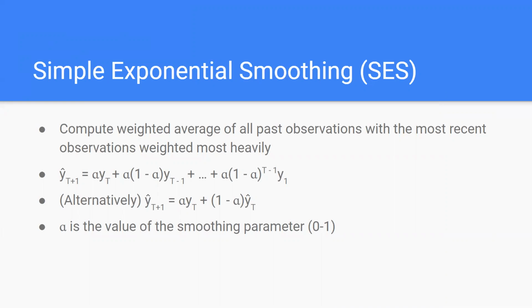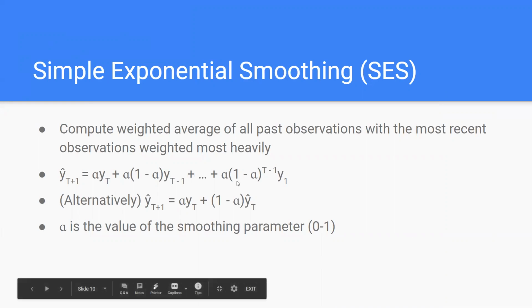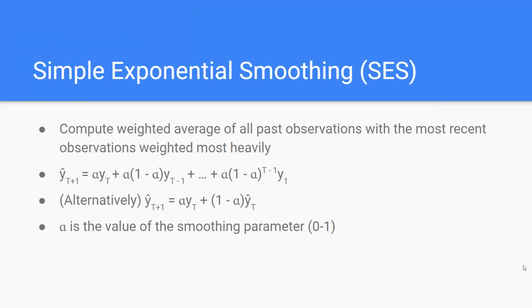To compute a forecast for period t+1, the formula is written here, as you can see, or it could alternatively be written like so. Alpha is the value of the smoothing parameter. This value falls between 0 and 1, and it is selected either by the forecaster or by the statistical program running the analysis.